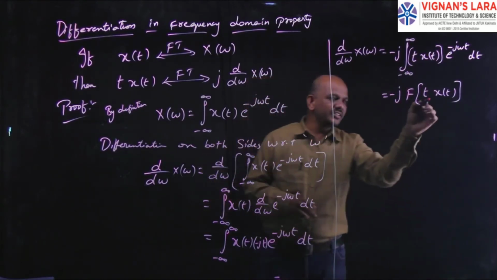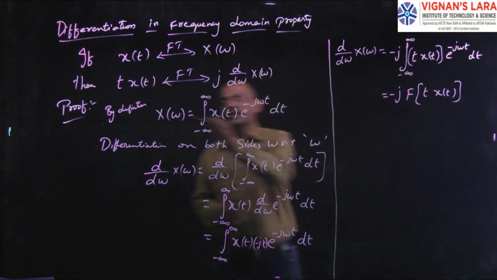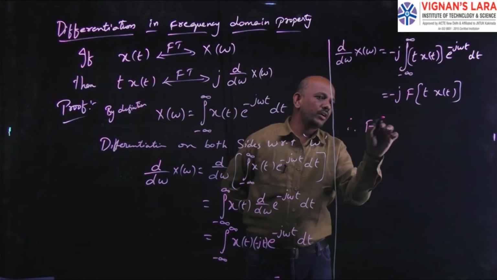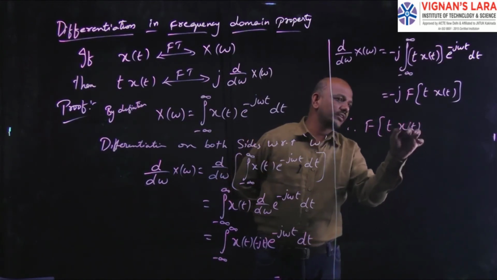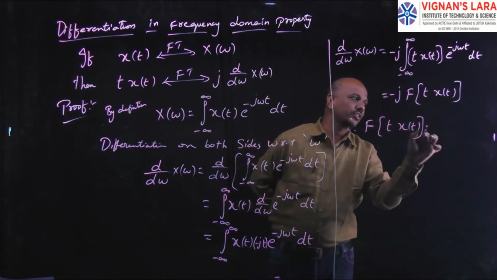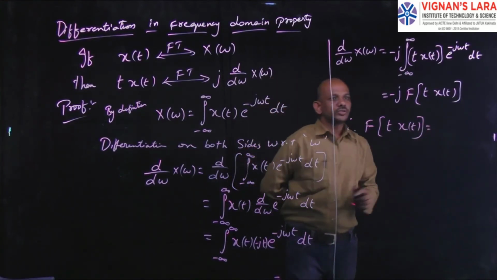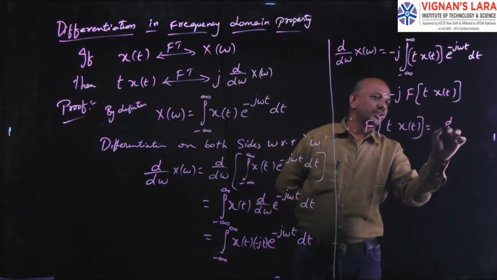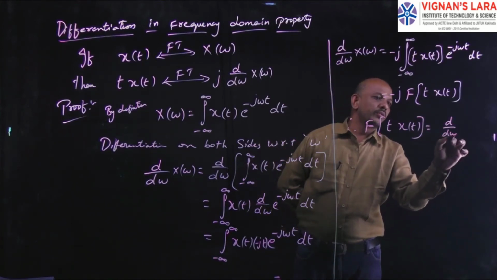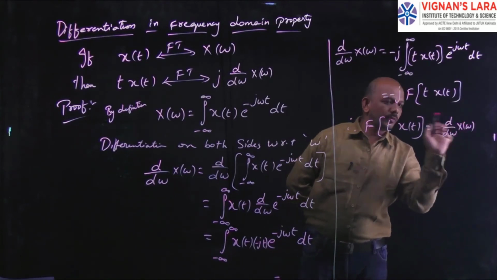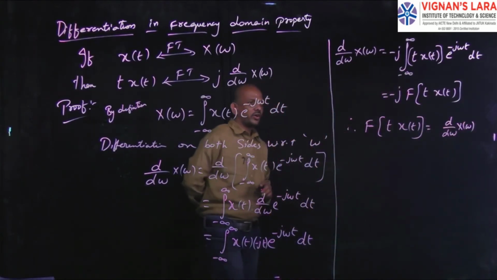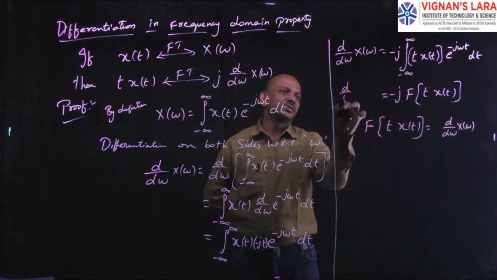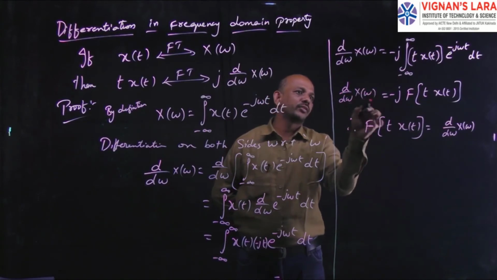Now I need this one because I have to find out the Fourier transform of t into x of t. So therefore Fourier transform of t into x of t will be equal to, so this one, that is d by d omega of x of omega will be equal to this one.